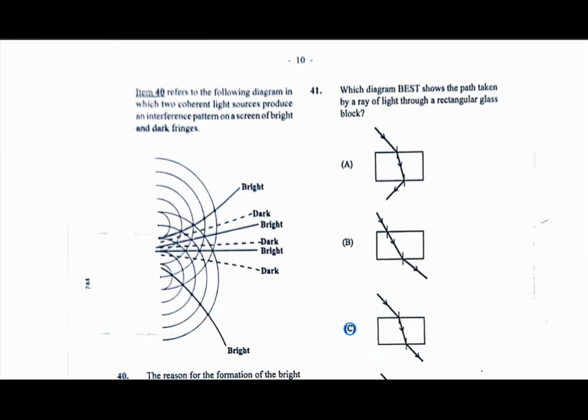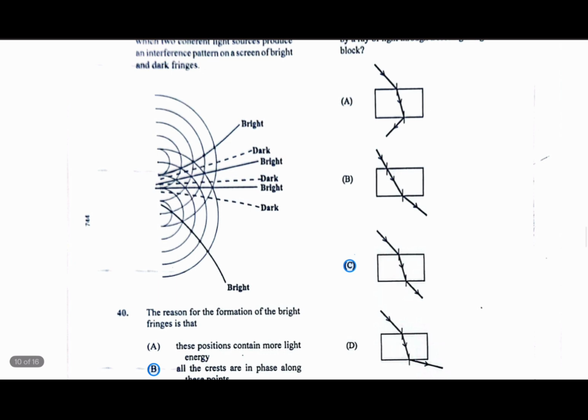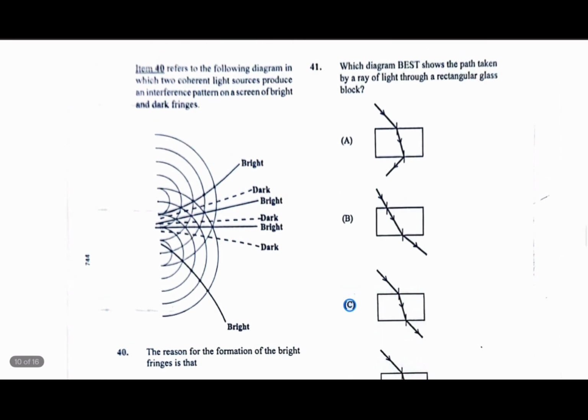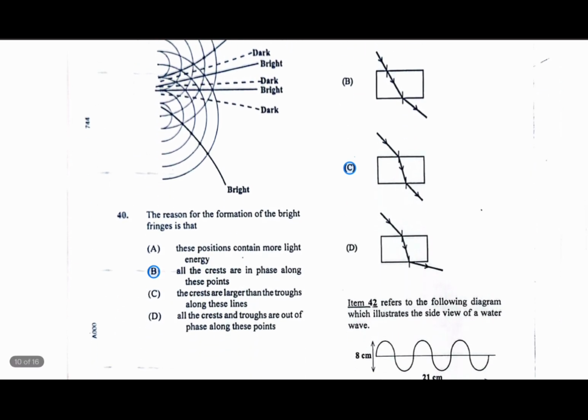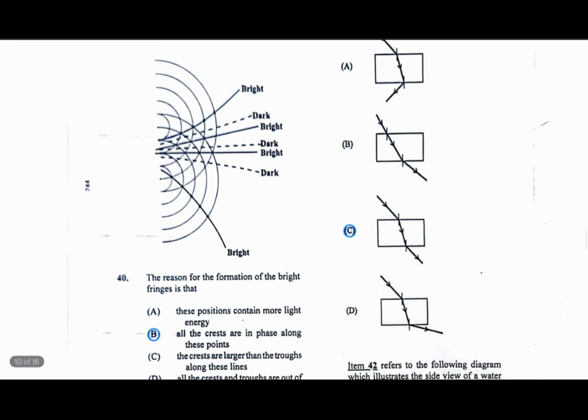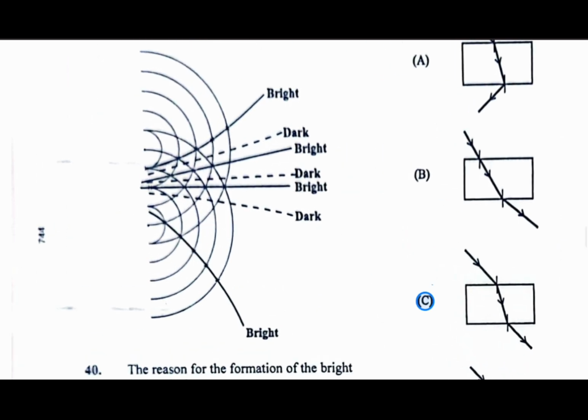Question 40. In this question, two coherent light sources produce an interference pattern on a screen of bright and dark fringes. So they want us to figure out the reason why bright fringes are formed. So we have two waveforms interacting with each other.